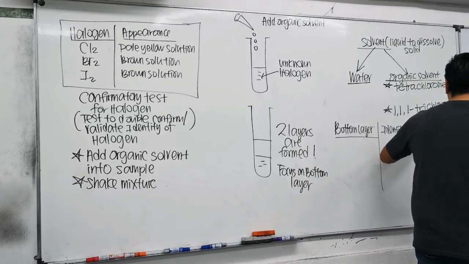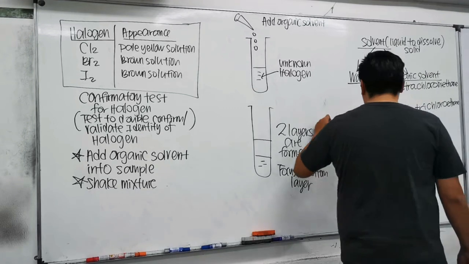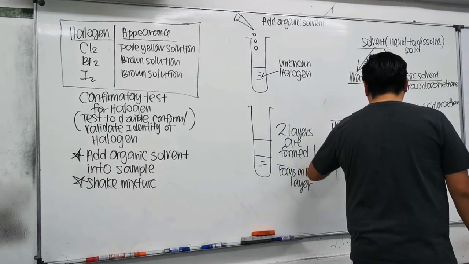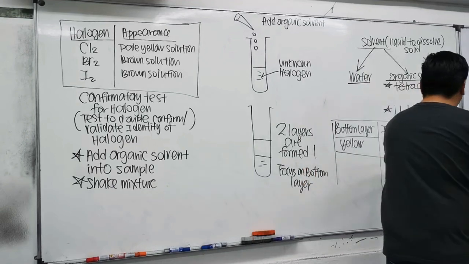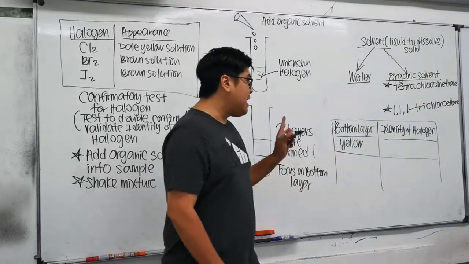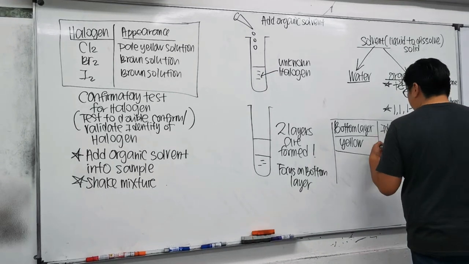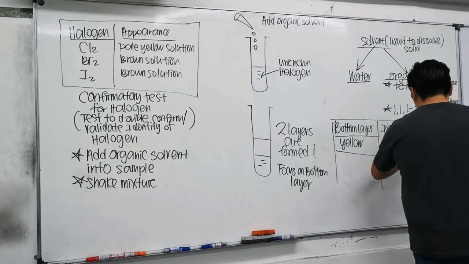If the bottom layer gives you a nice yellow color, you can be very sure to tell people that it is chlorine. So when the bottom layer is yellow, you will know that it is chlorine.